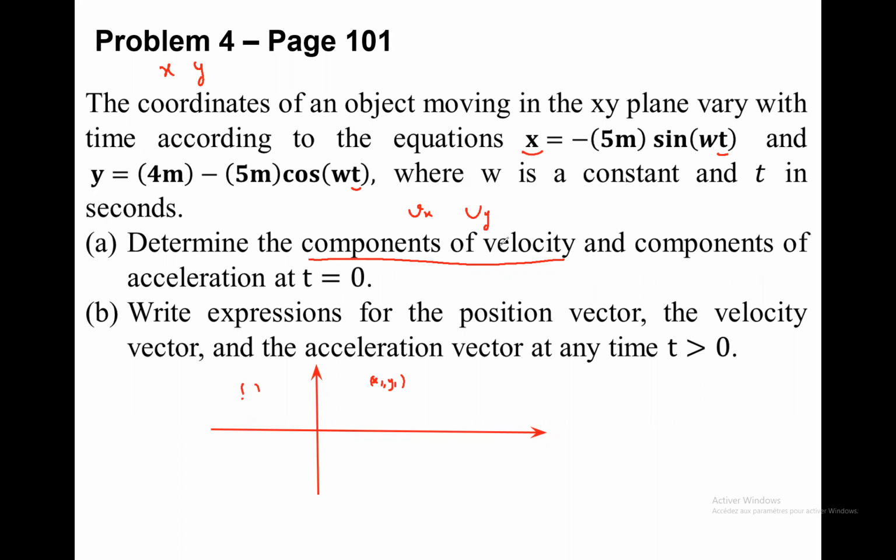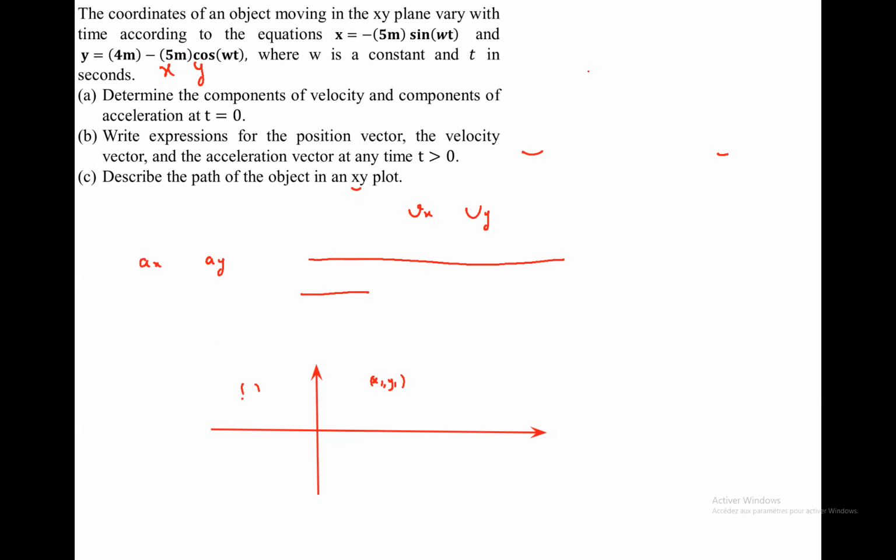But for just the components, you need to calculate only Vx and Vy. The same for the acceleration, we have to calculate Ax and Ay at time t equal to 0. To have more space, I will change the page.